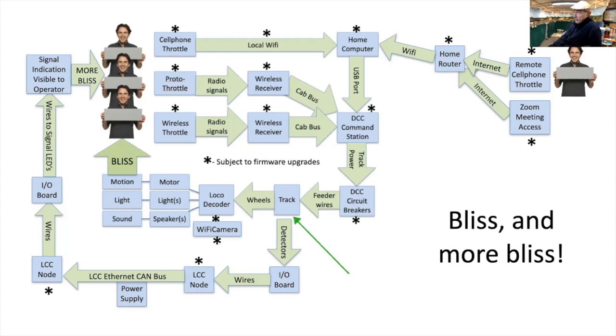The detectors are not touching the track and the DCC system through any kind of wire. They're just picking up the current from the locomotives without actually affecting it. So this means you really have a standalone independent signal system, and you don't have to worry about a short in one causing a problem in the other.